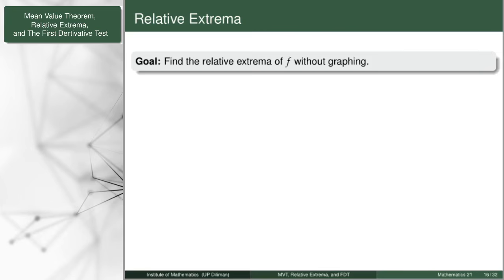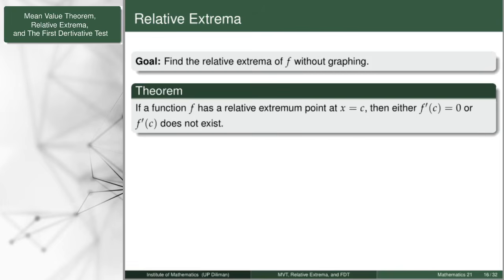So how do we find the relative extrema of a function without graphing? The answer lies in the following important theorem. If a function f has a relative extremum point at c, then either the derivative is 0 or it does not exist. This is an important observation when you look at relative extremum points.